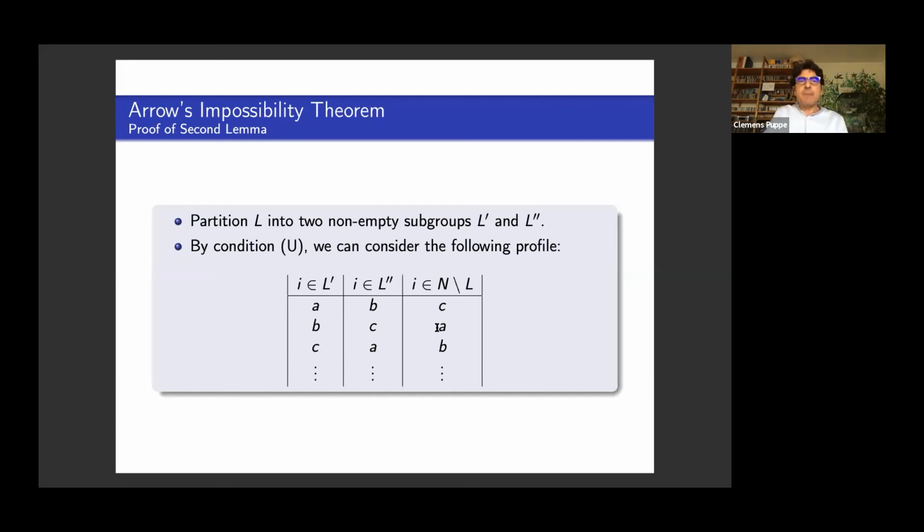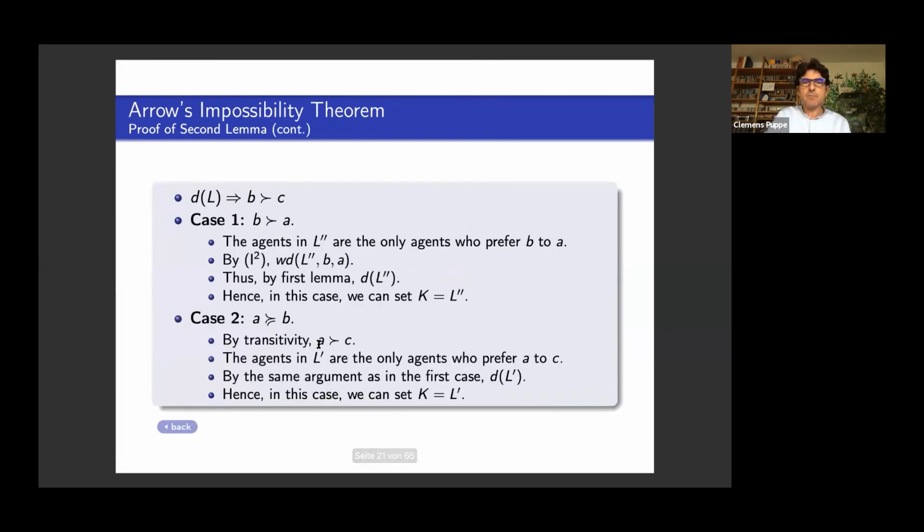By the binary independence condition, this means that now L prime is a weakly decisive group for A against C. But if you are weakly decisive for some pair, the first lemma said you are decisive for every pair, and now it is group L prime and not L double prime, but that's it.